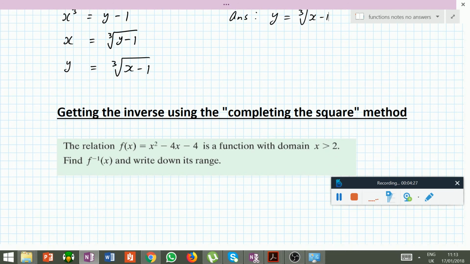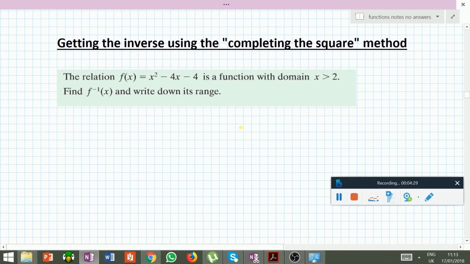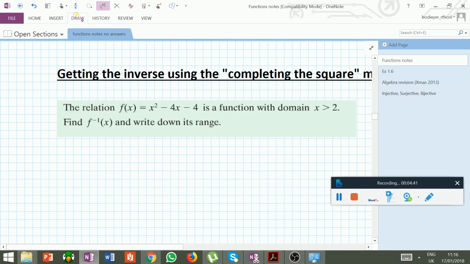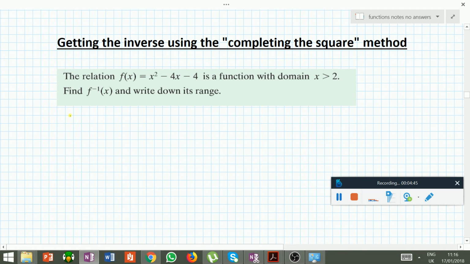Okay, we can also get the inverse using the completing the square method. So we're going to first complete the square on this. You have y is equal to x squared minus 4x minus 4.